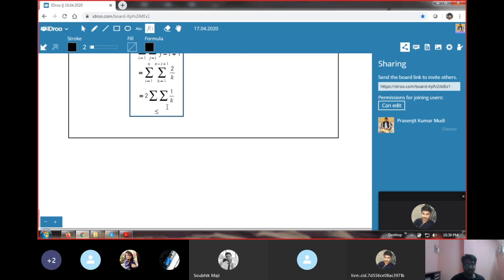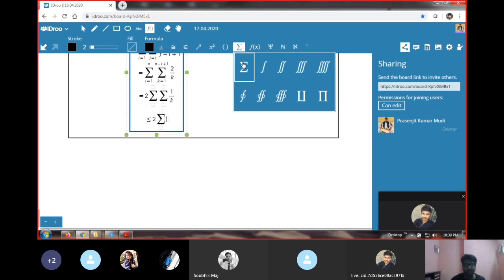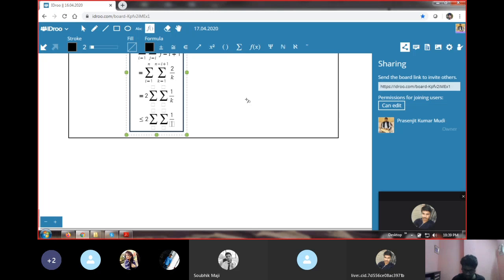Hence we can write twice the double summation of 1 upon k, where k equals 1 to n.